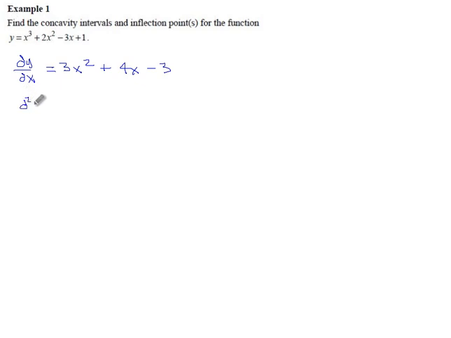We just go from there straight on to the second derivative, d squared y dx squared, or y double prime if you like. And that derivative is 6x plus 4. And we're looking for places where it equals 0. Well, this is first degree, so there's exactly one place. 6x equals negative 4, x equals minus 4/6 equals minus 2/3.